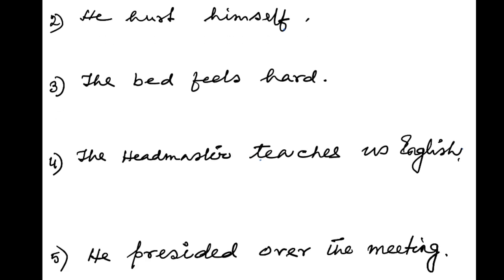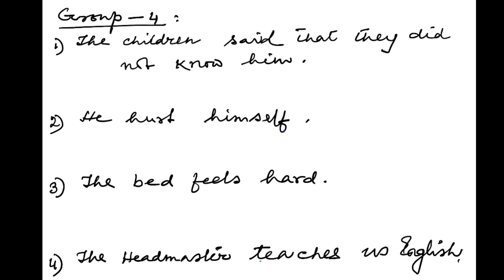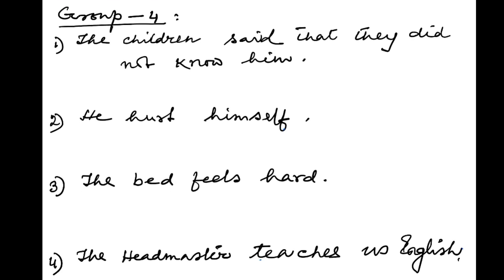And the fourth sentence: the headmaster teaches us English. And the fifth sentence: he presided over the meeting. These are the 5 sentences. Pause your video here and do the work yourself. When the work is done, come back to the video and check your answer.